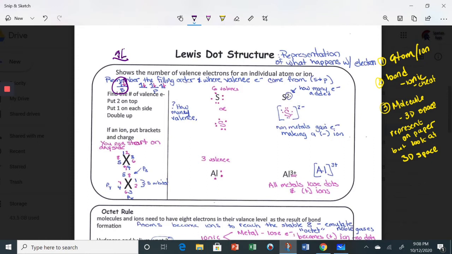Then we go to the p orbital, which has the 3 lines. Sometimes I use circles, sometimes I use squares. Remember how we did up, up, up, and then we went back and we did down, down, down. So keep that in mind.